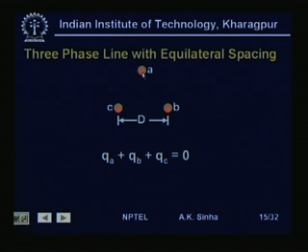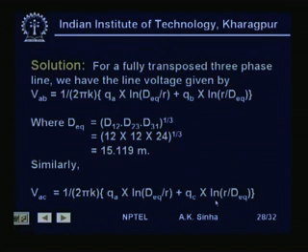So, here we have equilateral spacing, conductors A, B and C, each with a distance d from each other. We also assume that this system consists of only 3 conductors. So, the sum of the total charges will be equal to 0, that is QA plus QB plus QC is equal to 0. So, for solving this, we will take the case of a fully transposed 3-phase line.